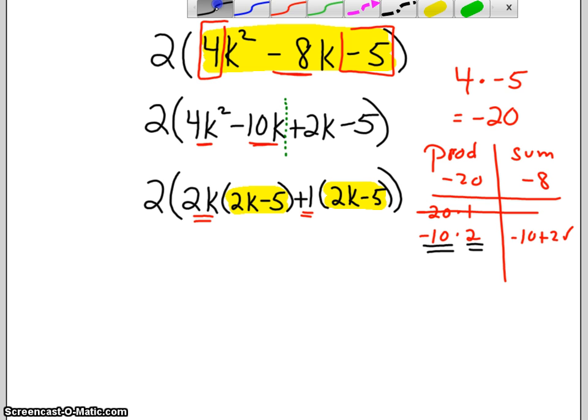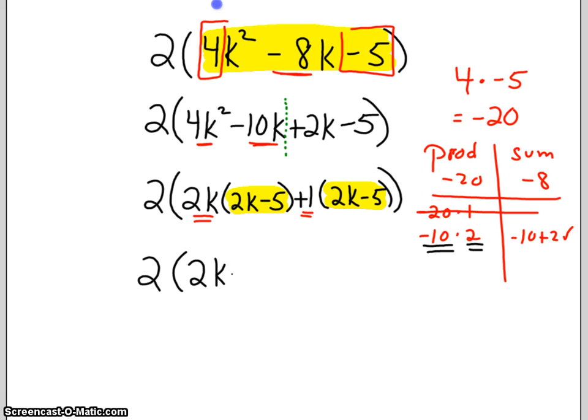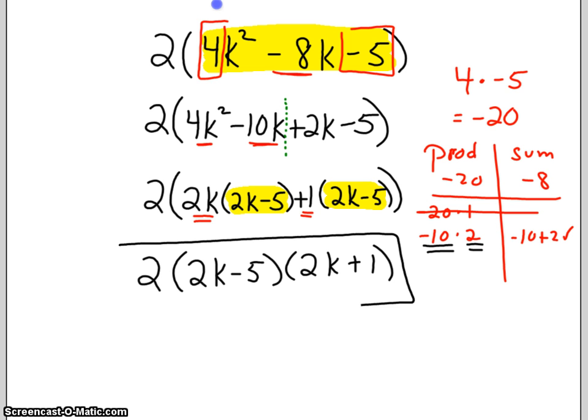So now we take out, first of all, bring the 2 down. We take out the 2k minus 5, and once we take that out, we write down what's left, 2k plus 1. And that is our original trinomial completely factored.